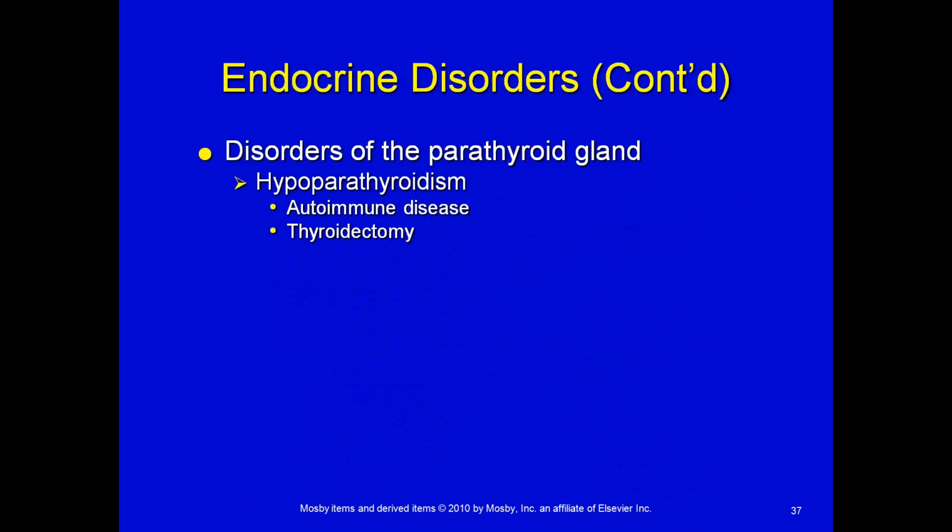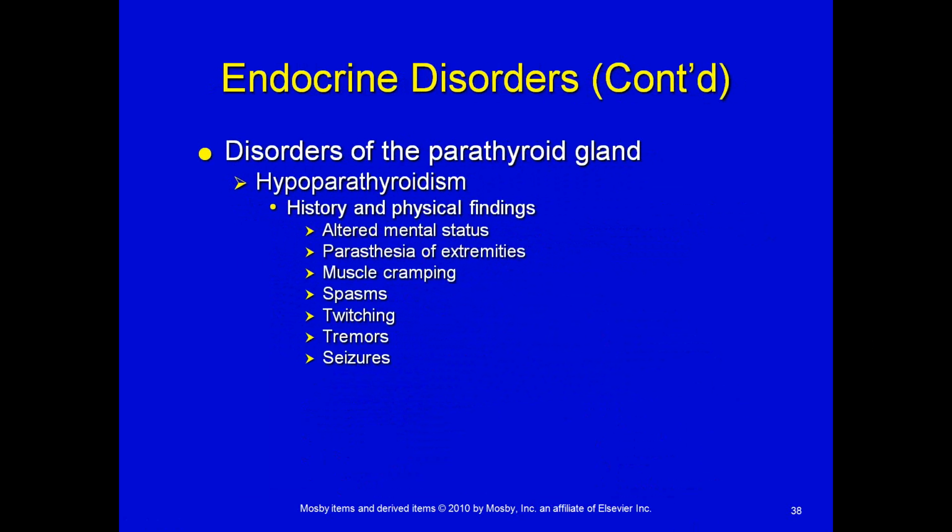In patients who develop thyroid cancer or thyroid tumors, they often have to have the thyroid gland removed, in which case the parathyroids would be removed as well, and then they have to take the hormone Synthroid, which simulates the proper function of the thyroid gland. But then they also may have to take some sort of supplements because their ability to regulate their calcium is going to be affected by loss of the thyroid glands.